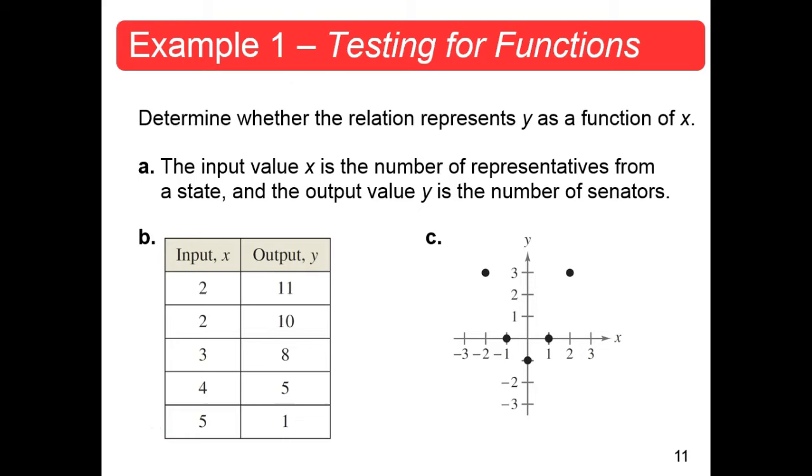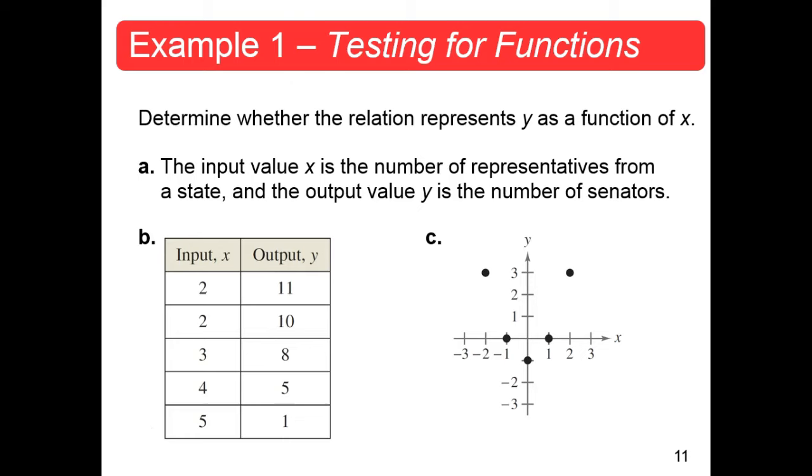Some states, like Wyoming, have only one representative. How many senators do they have? Two. So for Wyoming, one representative would have 2 senators. Alabama with 8 would have 2. California, with I don't know how many, only has 2. Guess what kind of function that is? It's a constant function. It never varies.